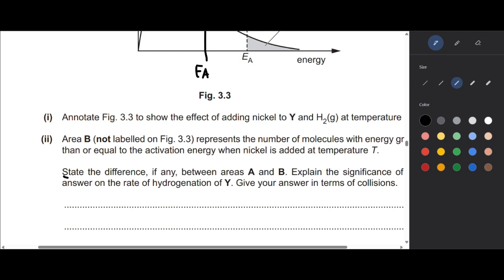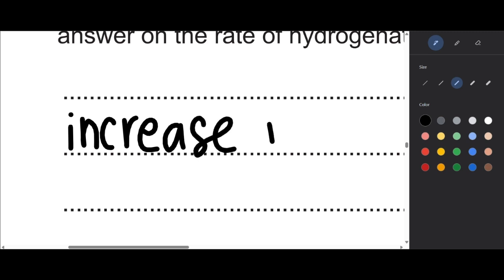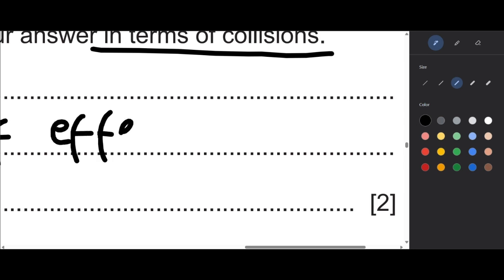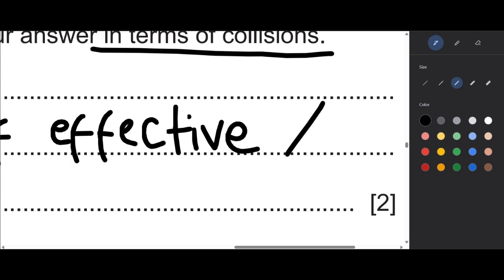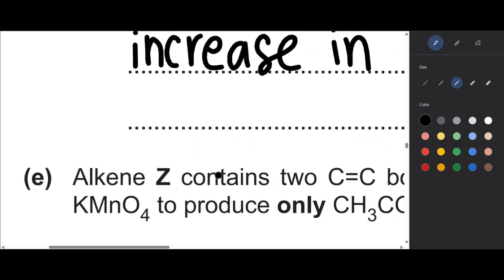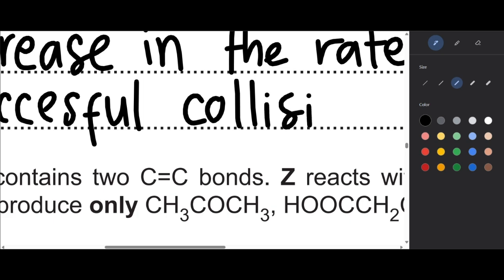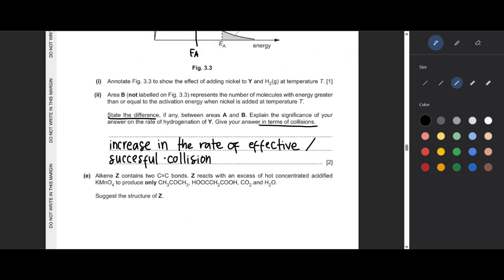So it wants us to state the difference and also in terms of collisions. So to state the difference, just state an increase in the rate of effective or successful collisions. So this is the answer.